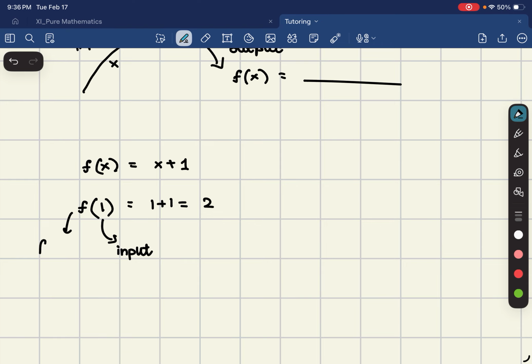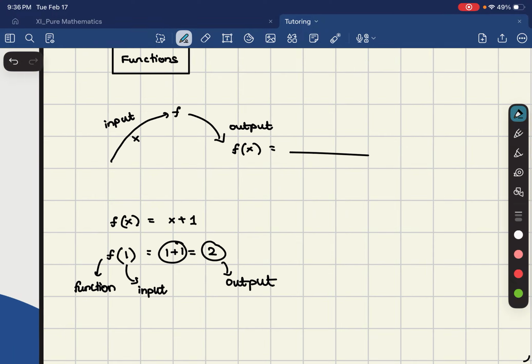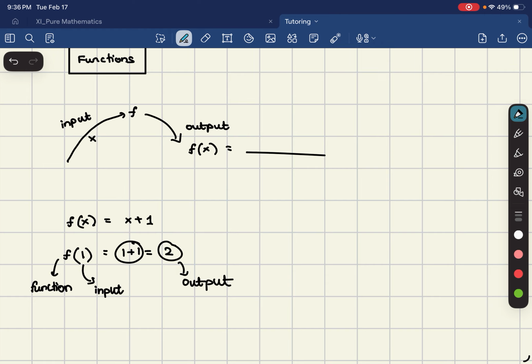This is my function. My function takes my input, does something to it, and gives me an output. So this is how a function works. It takes an input, it does something with it, it gives me an output. So it's like a computer. Take in an input, give me an output. So that is what a function does. That is how it is okay to understand functions for now.